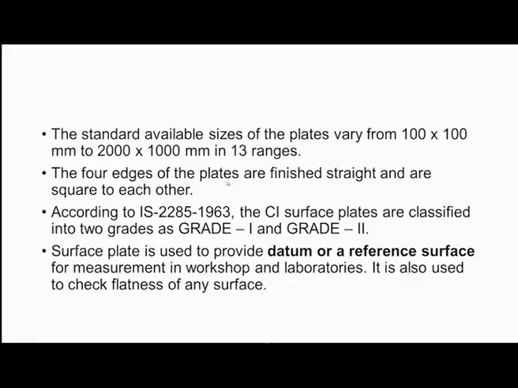All the 4 edges of the surface plates are finished straight and are square to each other. According to Indian Standard 2285, the surface plates are made of cast iron and are classified into 2 grades, grade 1 and grade 2.